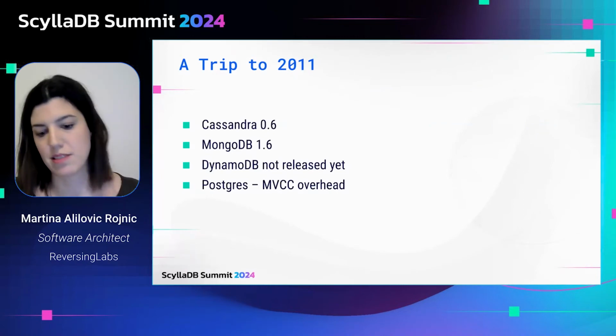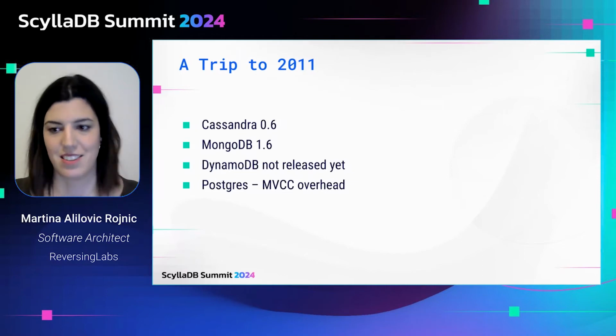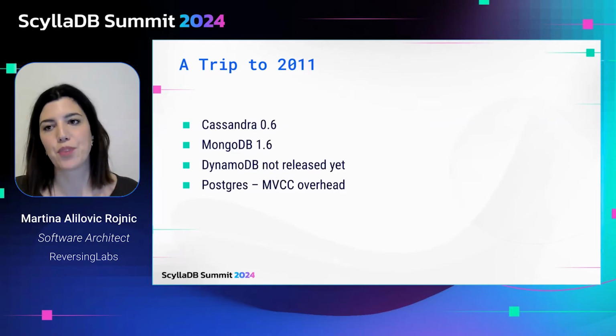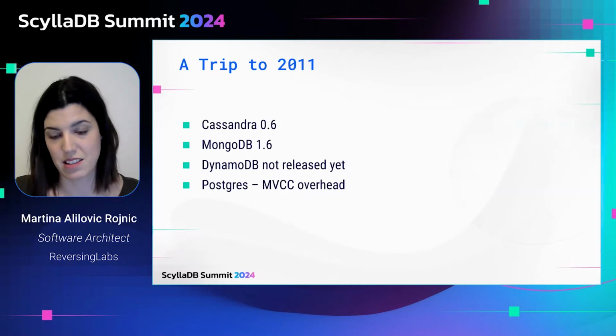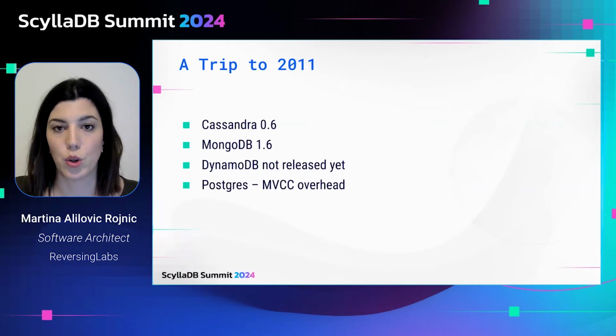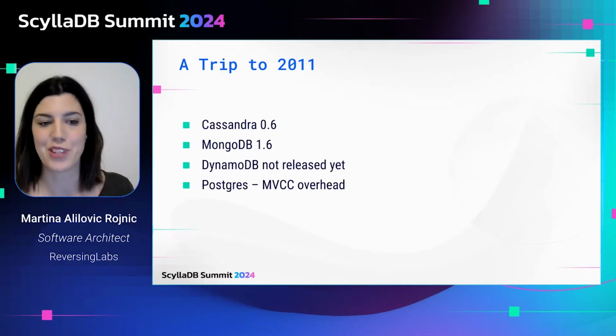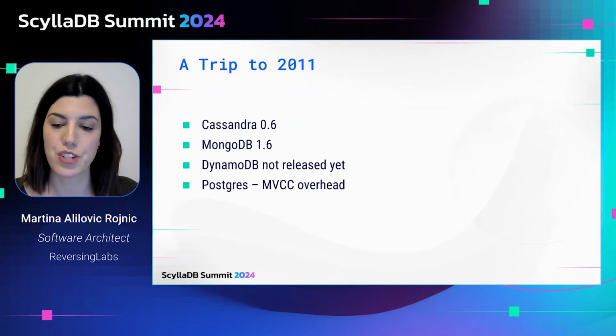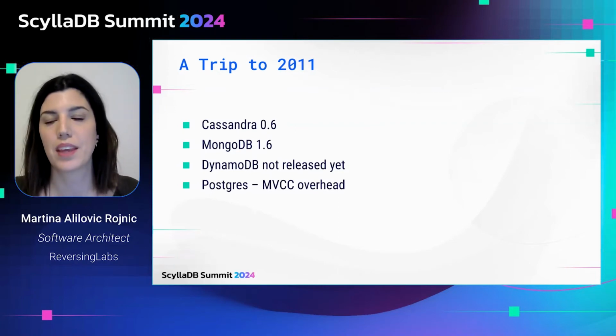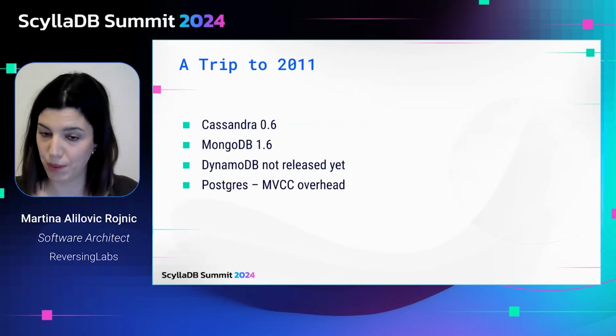I know it's scandalous. It would be a crazy idea today, but for 2011, in this context, in this market, it made more sense. And we did it. Not me, I wasn't in the development team, but ReversingLabs built a key value store, very simple.